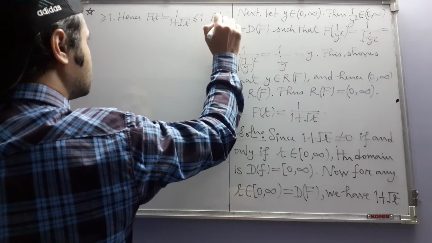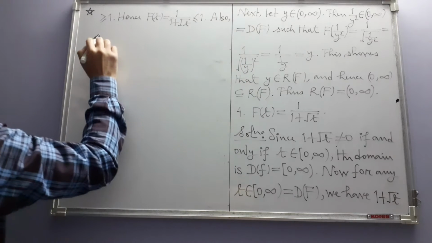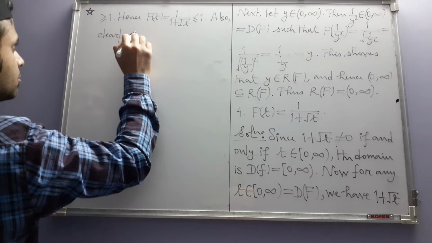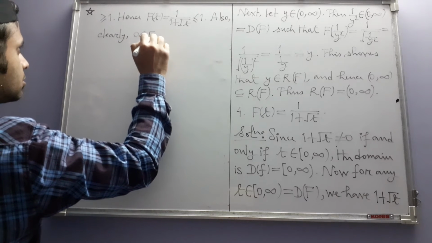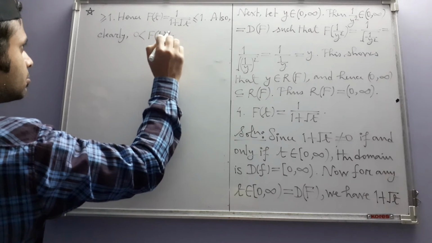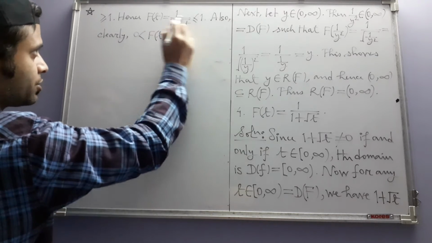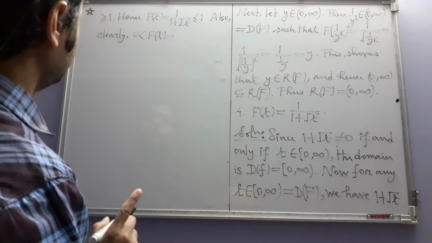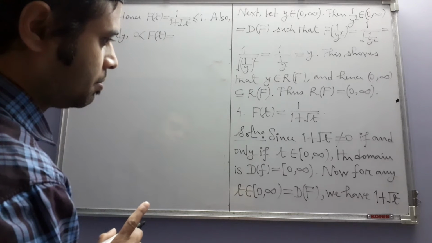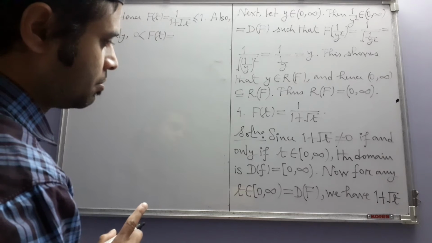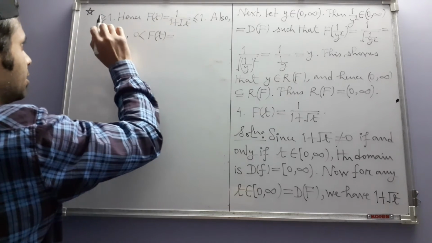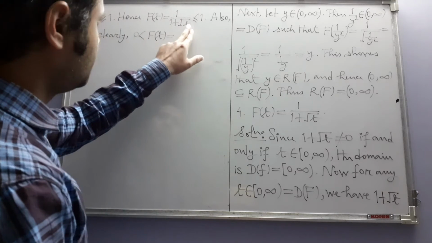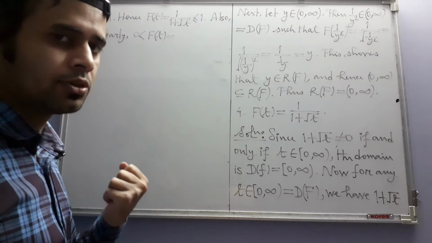Also, clearly f of t is greater than 0, because this is a positive real number and non-negative real number actually. Oh no, wait, what am I saying? This is a positive real number. I was confusing 1 with 0. This is a positive real number, so its reciprocal is also a positive real number.